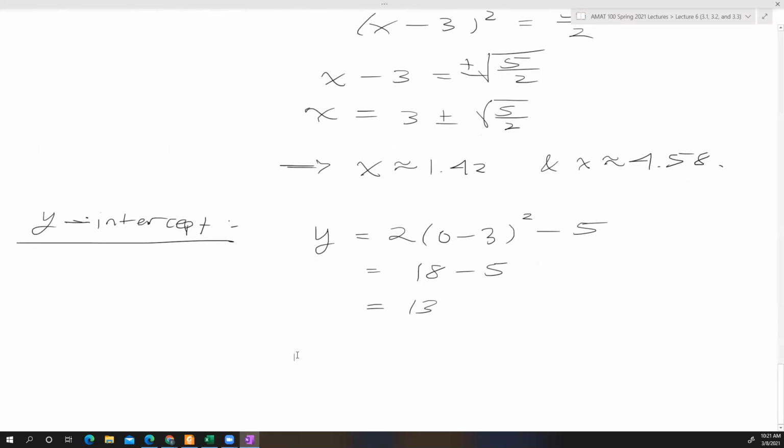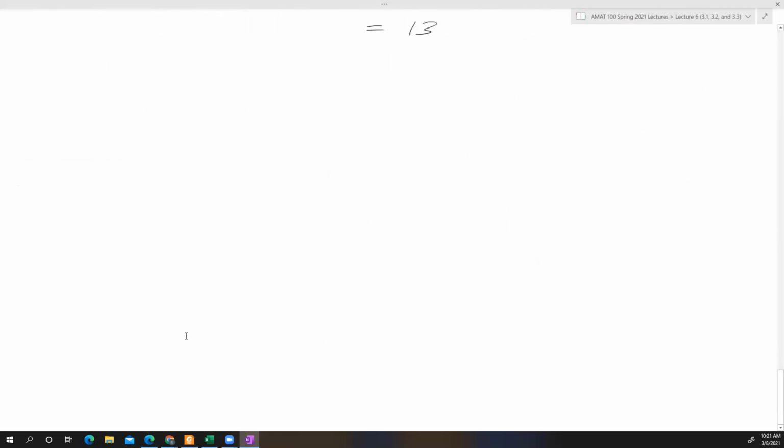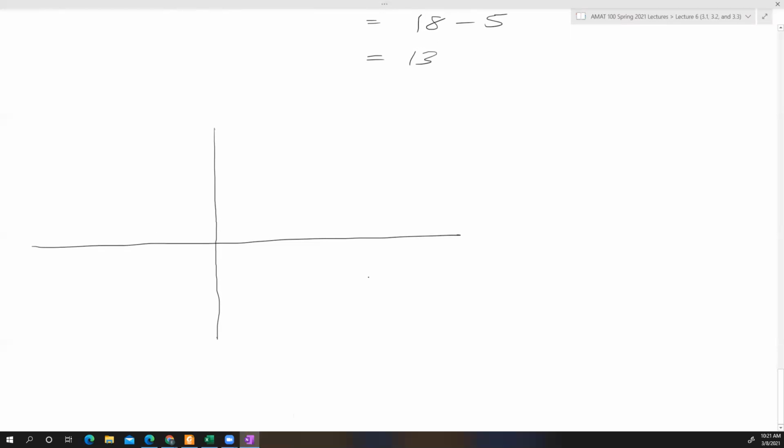And now we can give a rough sketch of this. If we collect all this information, our graph looks something like this. I'm not going to be precise here; you can go in the book if you want to see a more precise plot. The idea is we have the vertex here, which is 3, -5. It opens up like this.